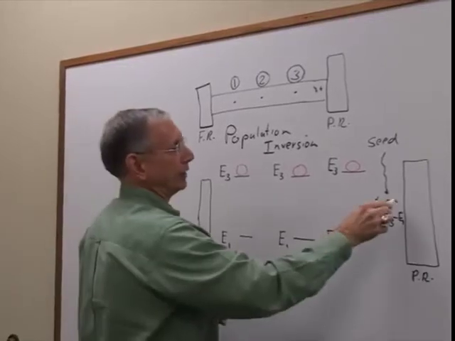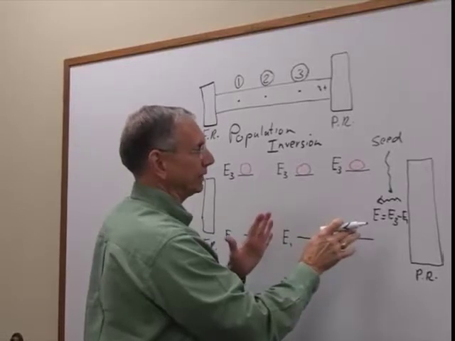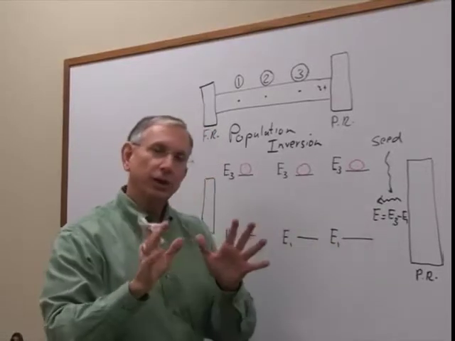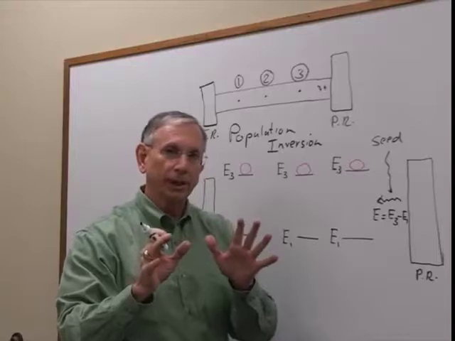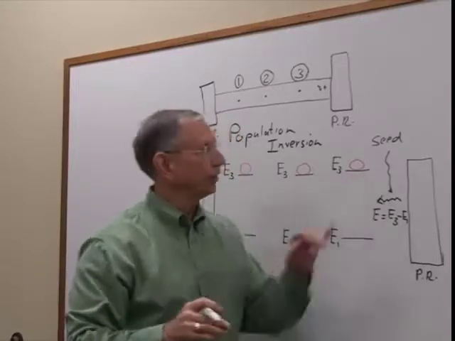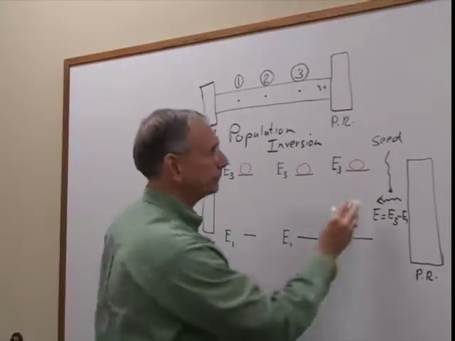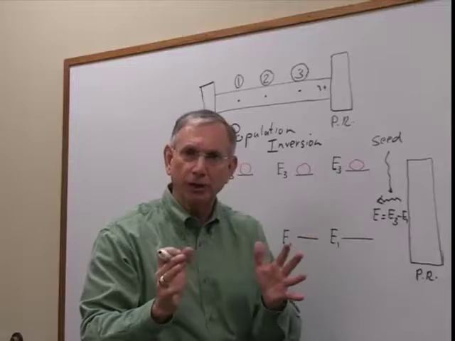So the seed photon moves down the axis of this optical cavity in the laser, and here is where we start talking about stimulated emission. As this photon approaches or gets near this atom that's up in the metastable state, it interacts with this atom.